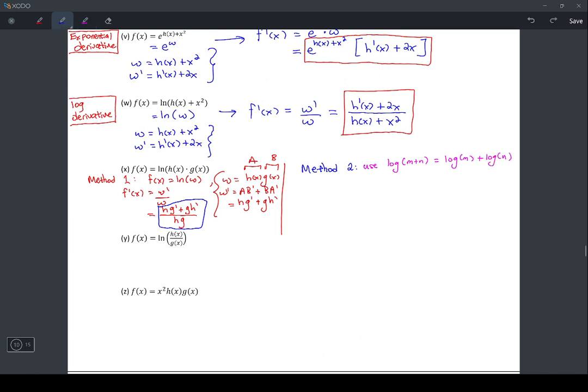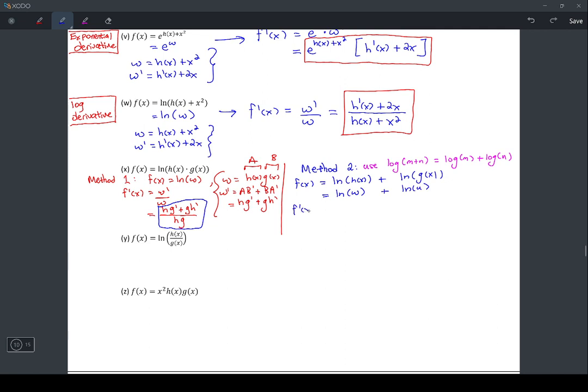So if we do that, before we take the derivative, f of x is going to be equal to the ln of h of x plus the ln of g of x. That's going to be a ln of w plus a ln of u.